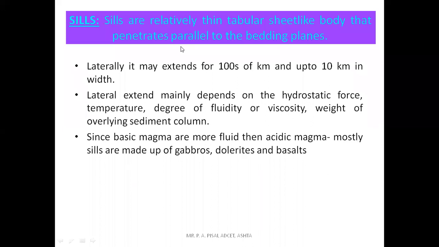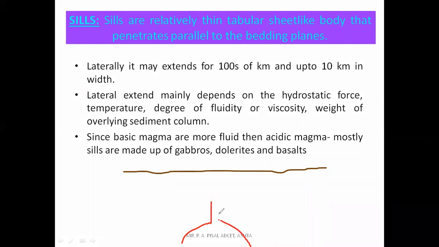Okay, just a minute, I will draw here the sketch of the sill and explain how it is formed. Suppose this is the surface of the earth, and this is the magma chamber. The magma is trying to come up through these volcanic pipes.